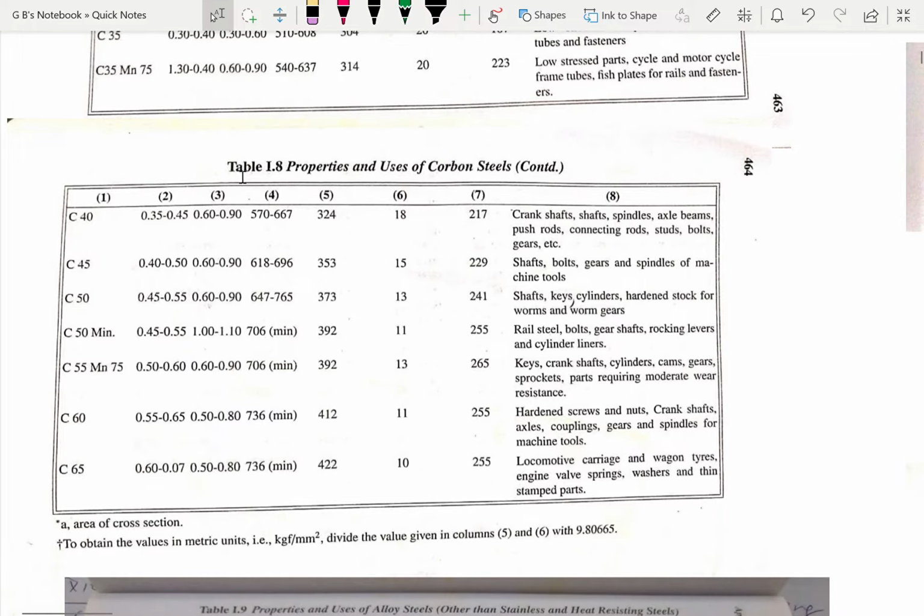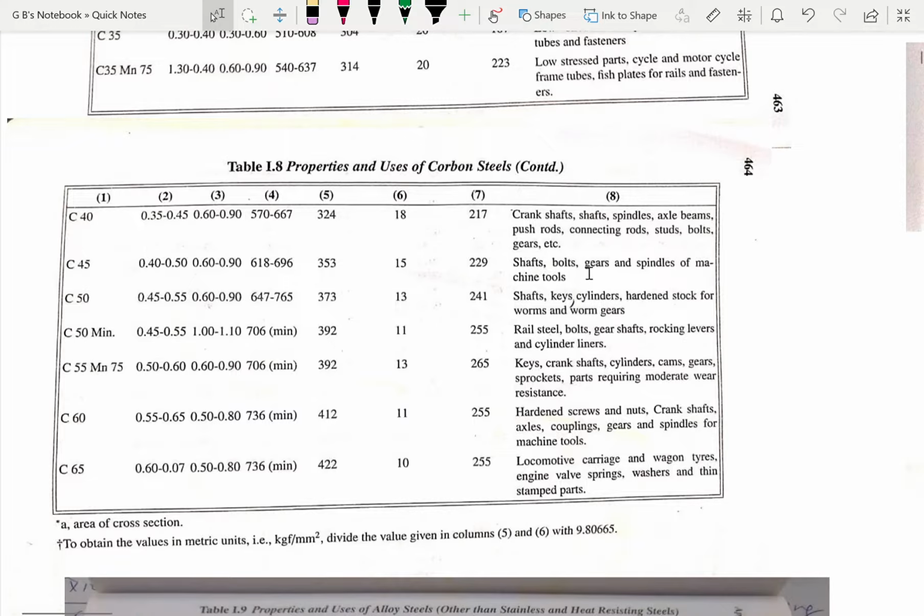From table I.8, page 464 of the Design Data Handbook authored by Professor Mahadevan and Professor Balaveera Reddy, 4th edition.